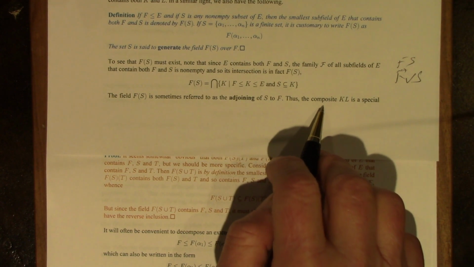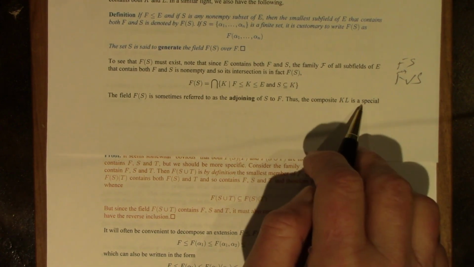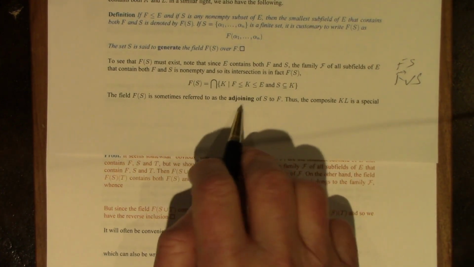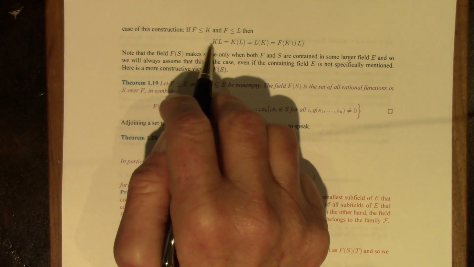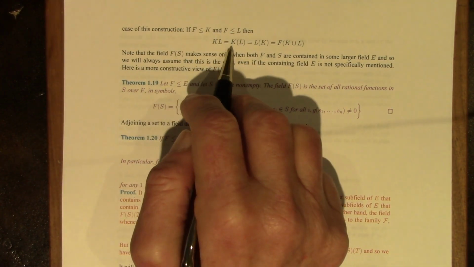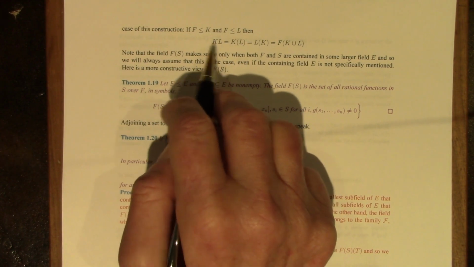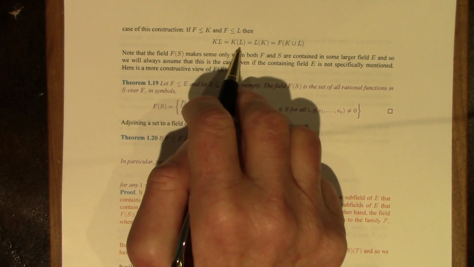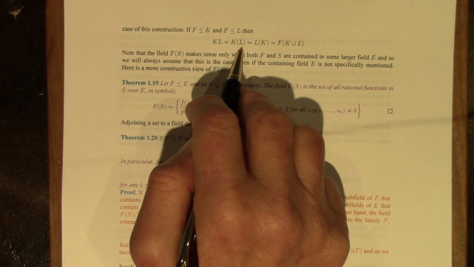The composite KL of two fields, subfields of E, is a special case of the adjoining, because the composite KL is the smallest subfield of E containing both K and L, so it could be written this way. Here L would be thought of just as a set using this notation.